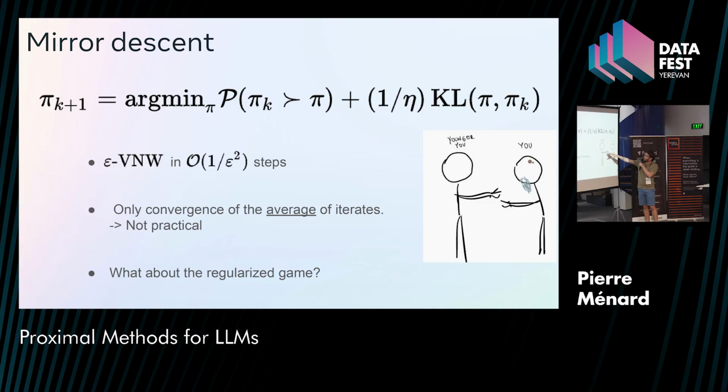So if it plays rock, you will play paper and so on. And so you will have this sequence of rock, paper. You see that you are never converging to the optimal policy, which in this case is the uniform one. But you feel that if you average everything, instead of circling around, you will just converge to it.